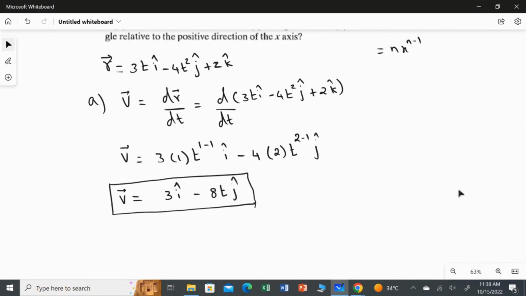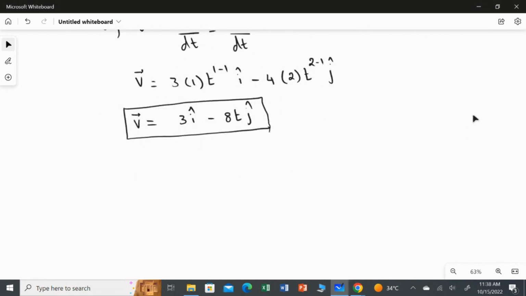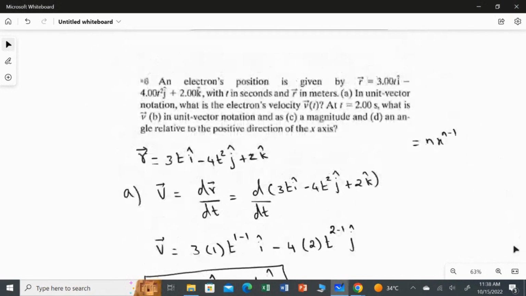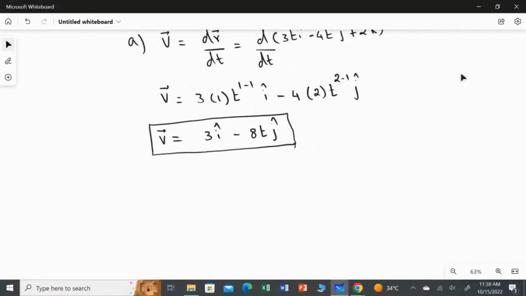In the second part of the question, we are going to find the electron velocity at time t equal to 2 seconds. So for part B, we have to use the time equal to 2 seconds, and I substitute the value of 2 here.